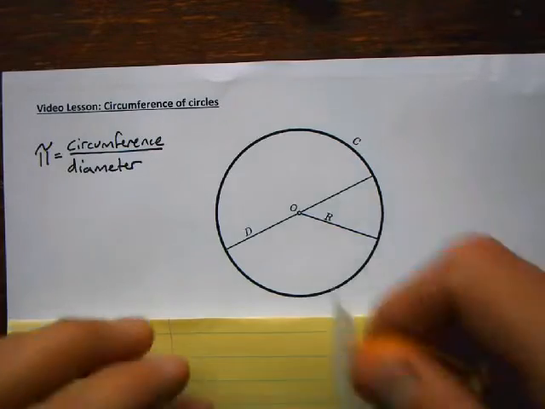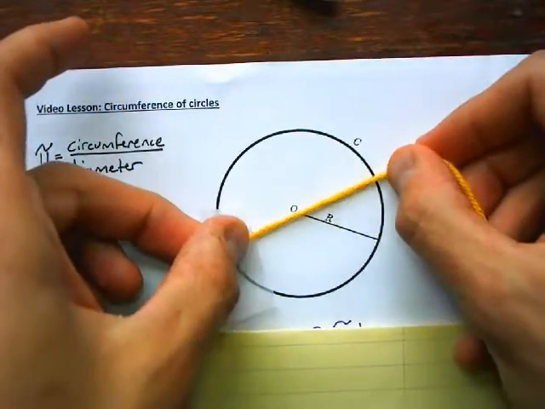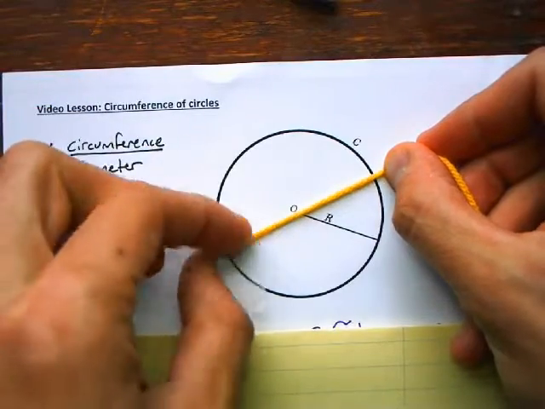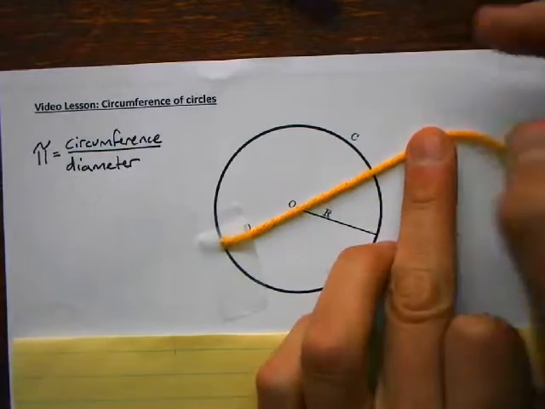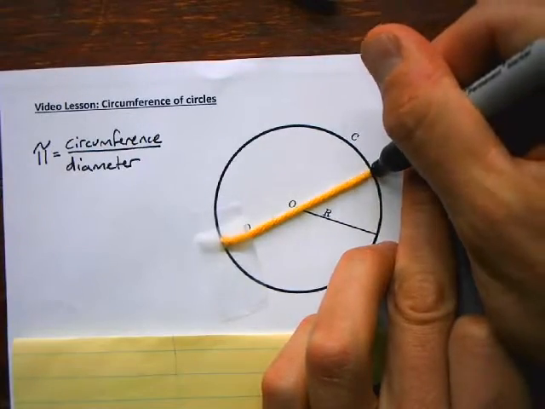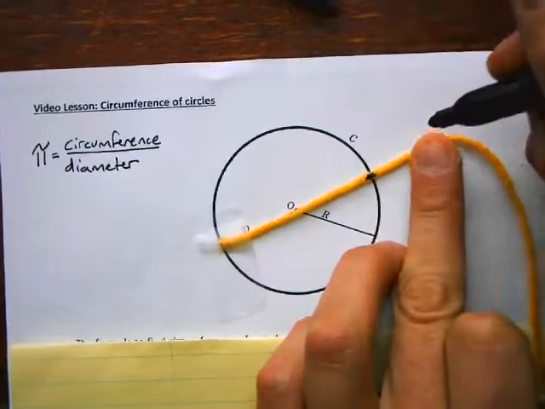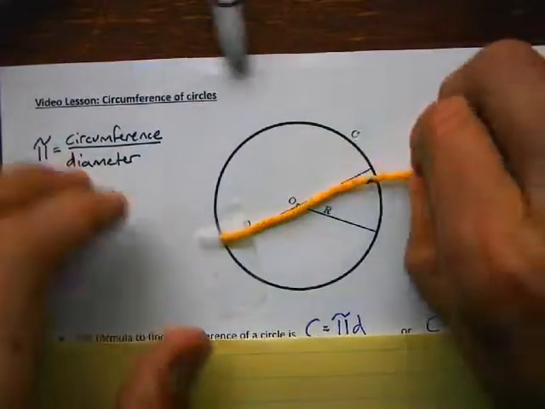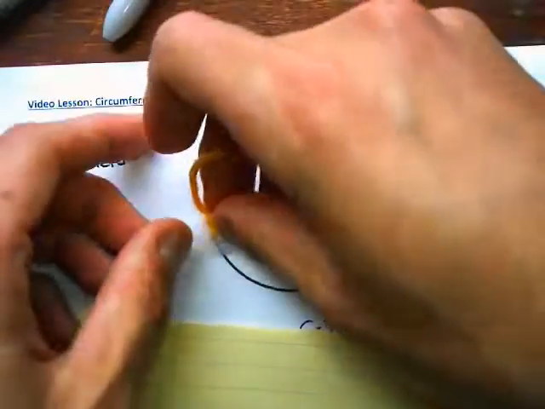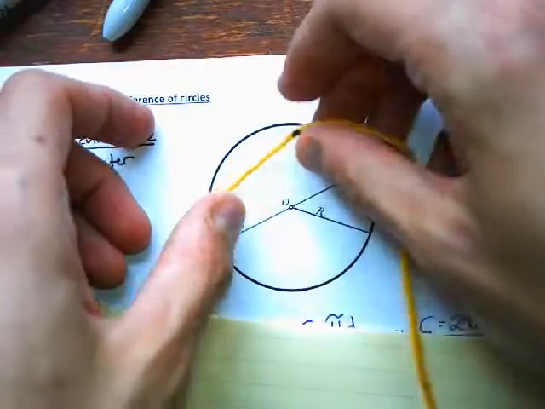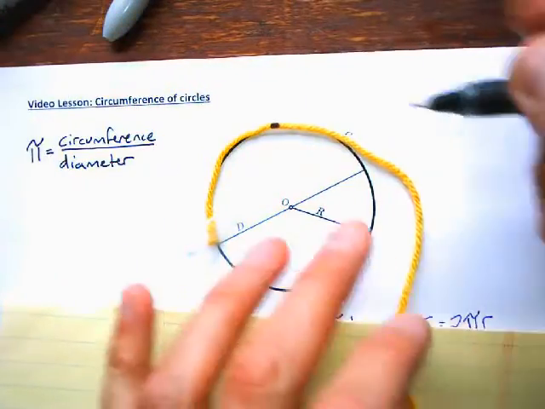I have a circle here, and I'm going to use this piece of string to measure the diameter. Put a little bit of tape on it to help it stick. And I'm just going to put a mark where the diameter is. Okay. So now if I take this diameter and I wrap it around the circle, start right here, how many times do you think it's going to fit in?